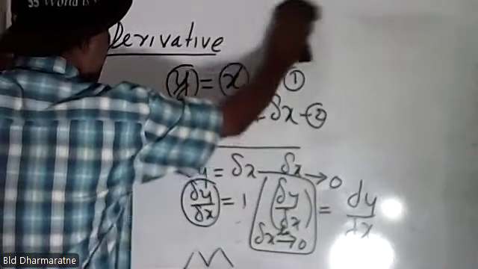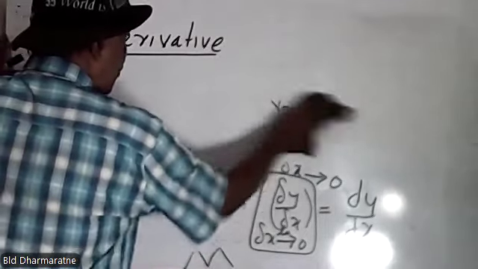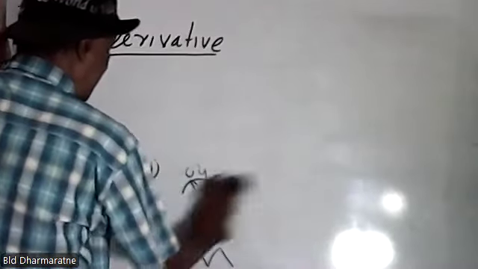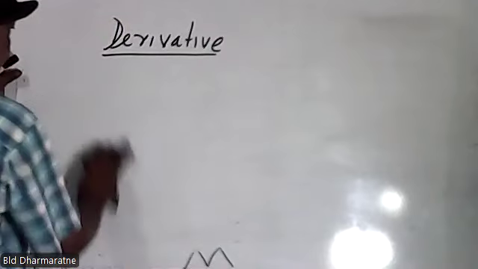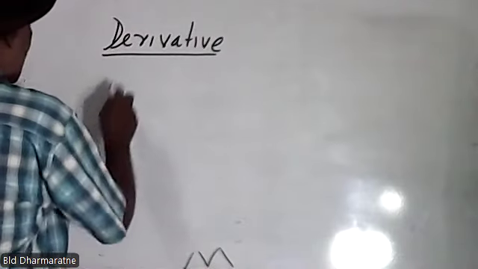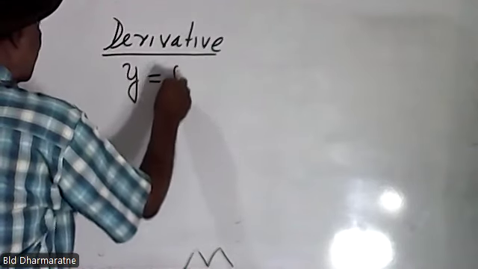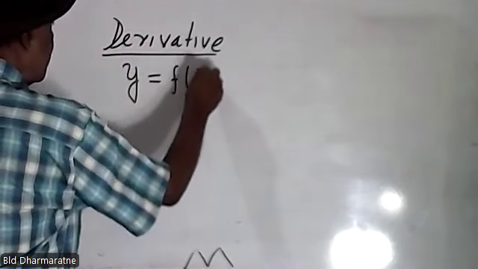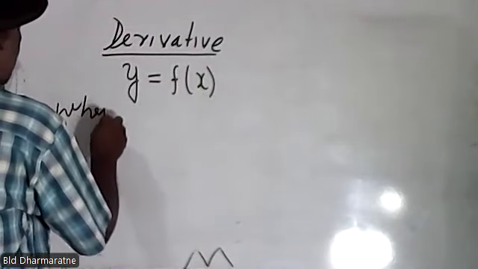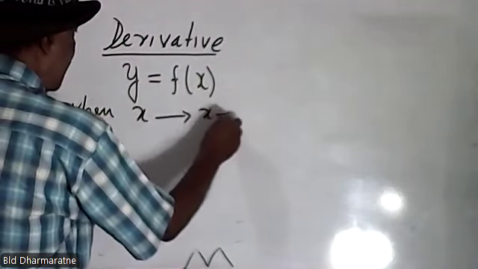Now we are going to the derivative theory directly. Right? We are using the formula here, and discussing derivative theory. Normally we write the function as y equal f of x. When x is incremented to x plus delta x, what is happening?